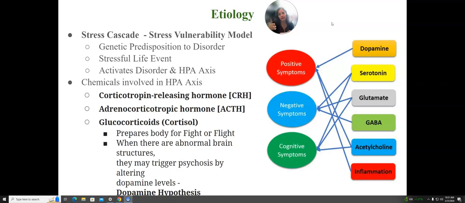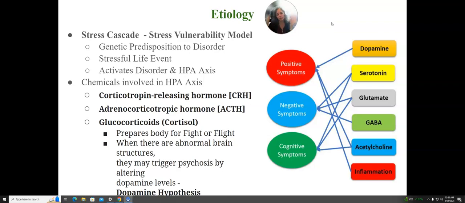the hypothalamus, pituitary, and adrenal glands, and how the hypothalamus activates the pituitary gland, which then activates the adrenal glands, and they release these corticotropin releasing hormones.